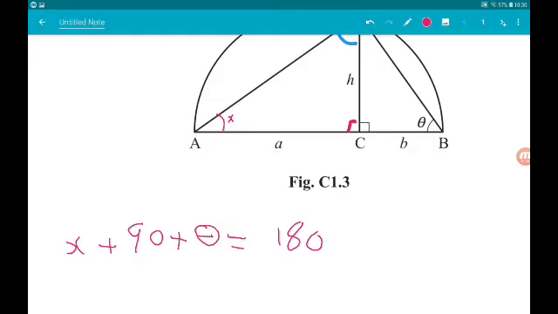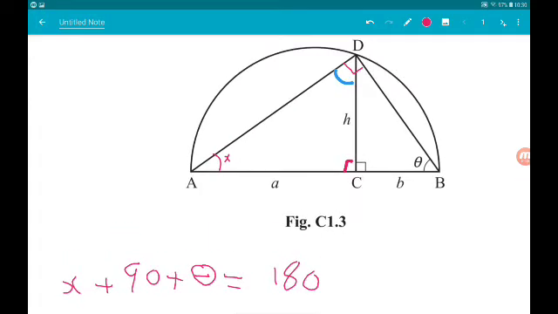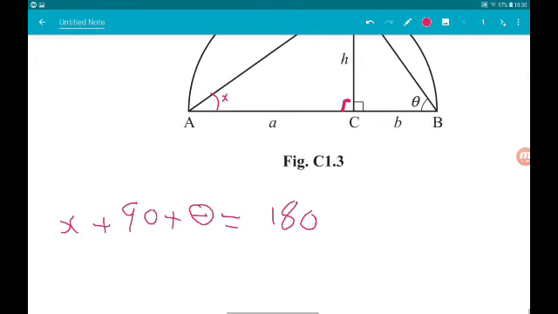That's just adding all the angles in the big triangle A, B, D. So that can tell us then that x is 90 minus theta.